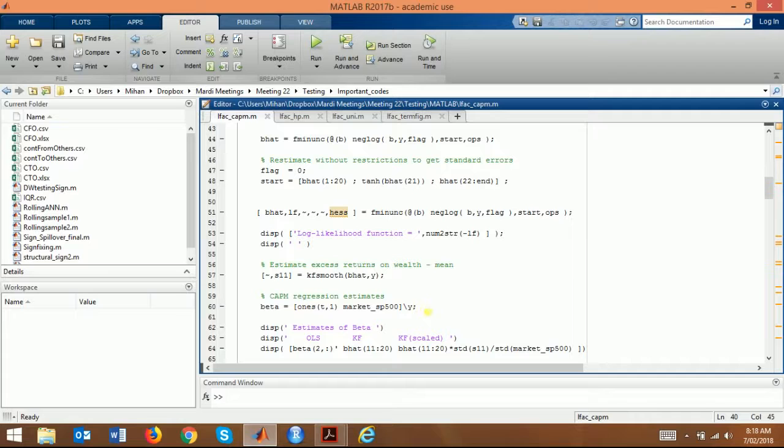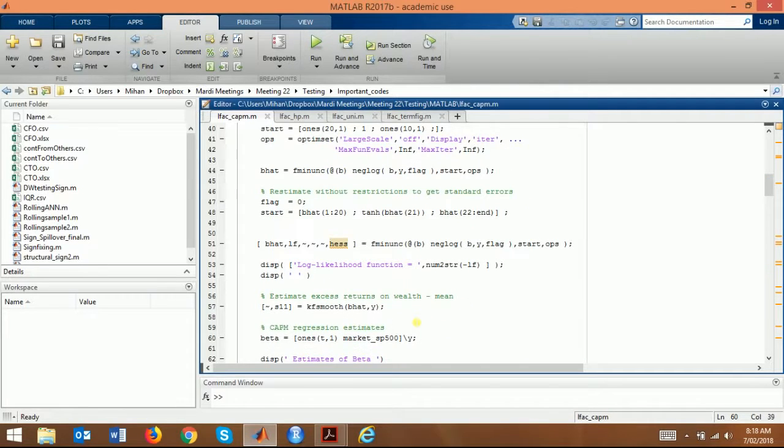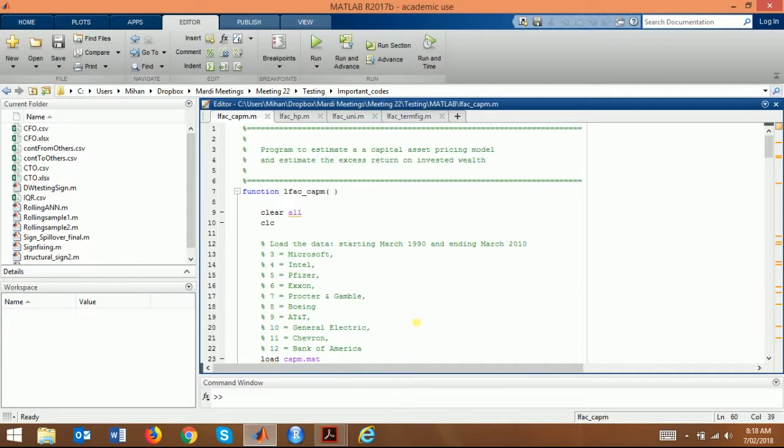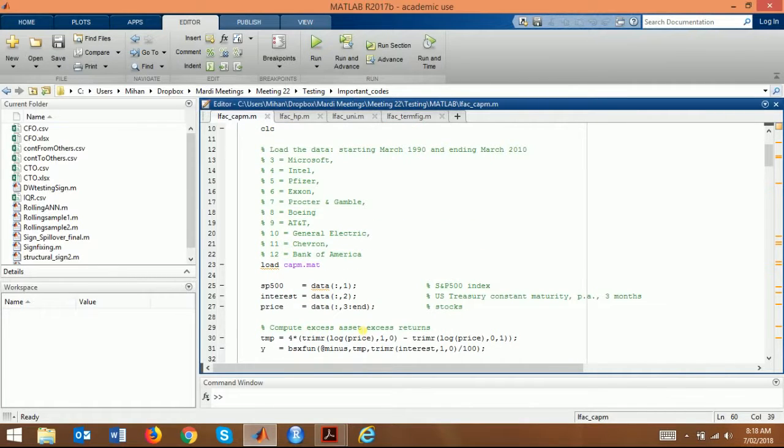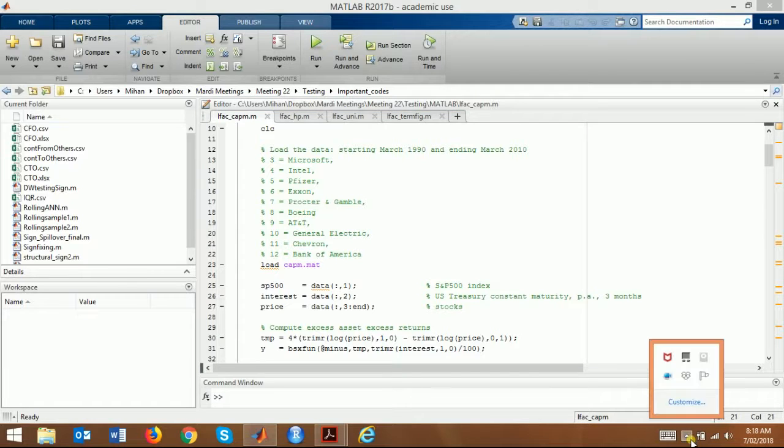Basically this CAPM regression is not important at all, we can simply take the data and find a smoothened lambda that gives you an addition, an excess on the wealth prediction, which is really good usage. I'll probably try and do it. So thank you very much, and you have a great day.